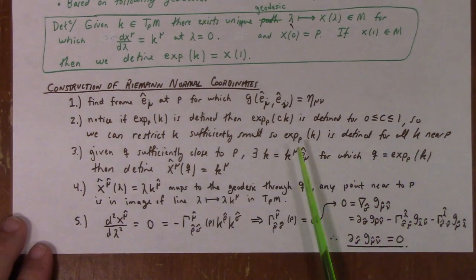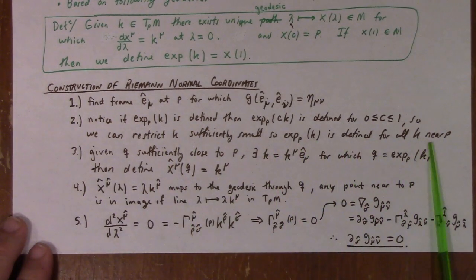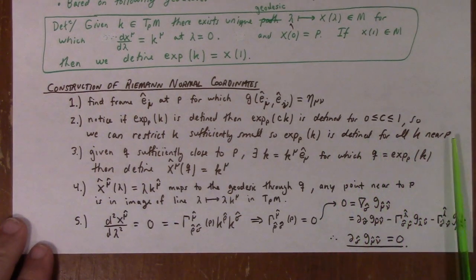And so we can restrict k to be sufficiently small so that the exponential is defined for all k near p.